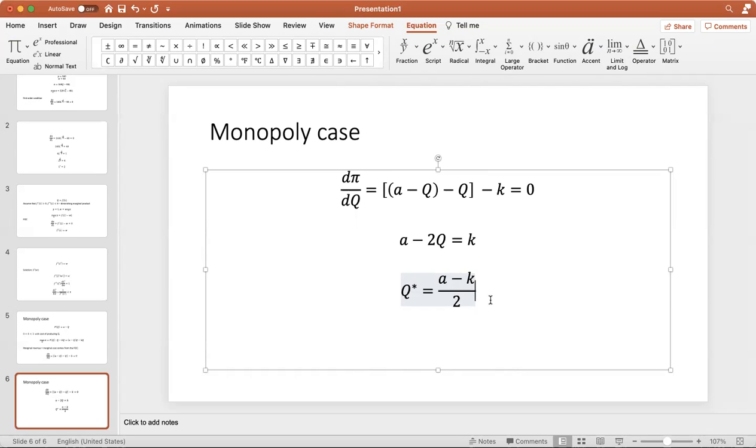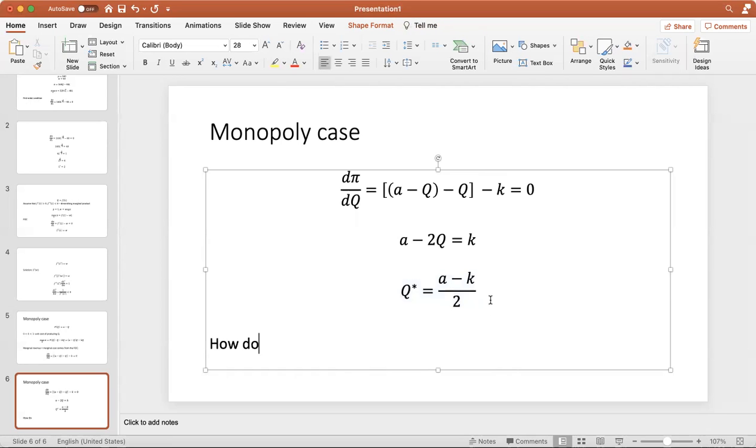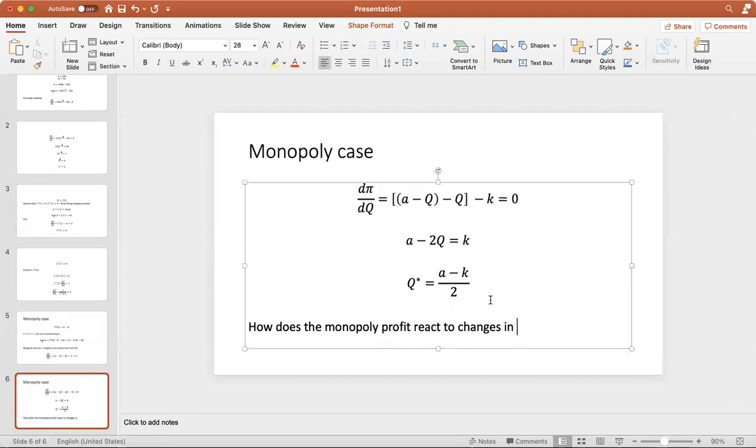Now, next question. This quantity, now that we know this quantity already, how does the monopoly profit then react? So the next question is, how does monopoly profit react to changes in K?